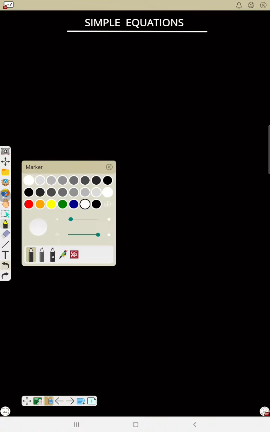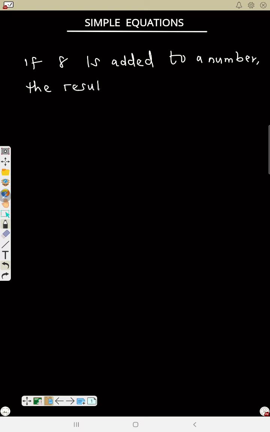So your turn. Interpret: if 8 is added to a number, the result is 18.